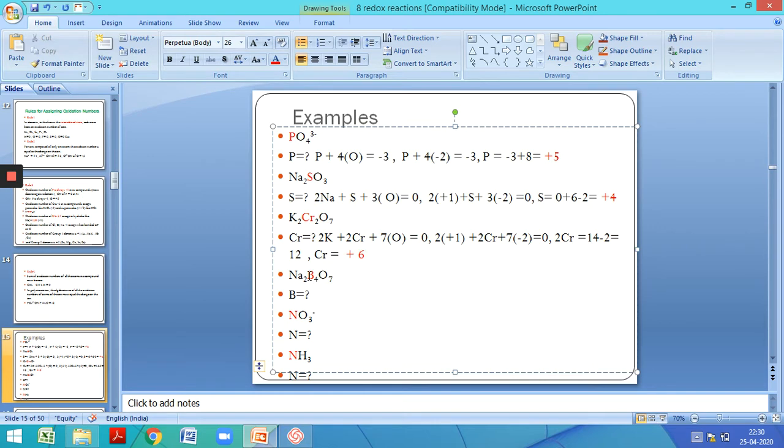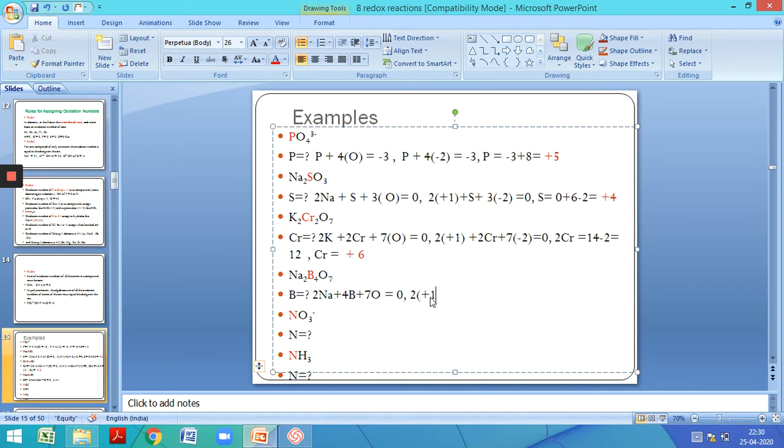Calculate the oxidation number of boron in Na2B4O7. So again, 2Na plus 4B plus 7O is equal to 0. The sum of oxidation numbers of all the atoms in this compound is 0.